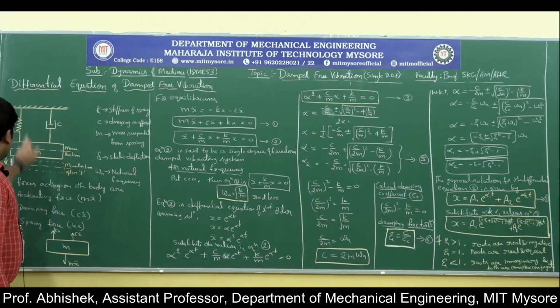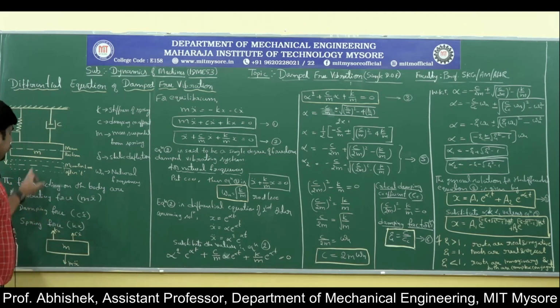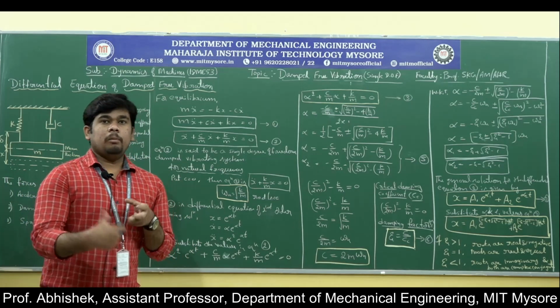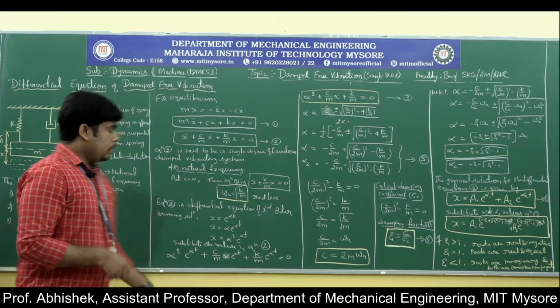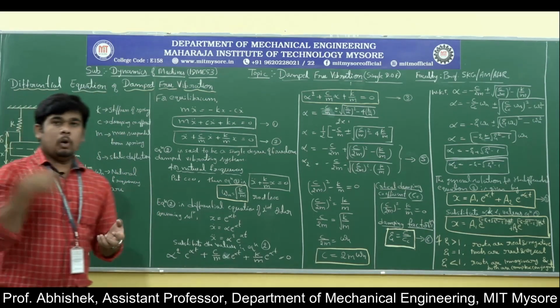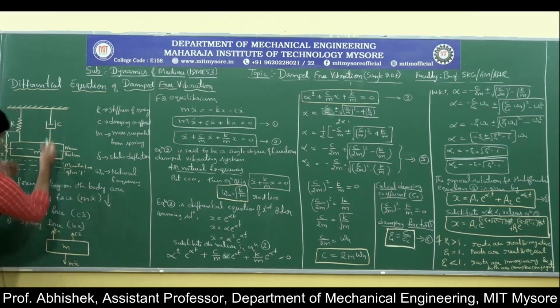The first one is the accelerating force. Accelerating force means when we apply a certain load on a body, it will move in a direction of motion, right? So here the accelerating force is in the direction of the motion, so it is downward. Here the mass is moving in a downward direction.